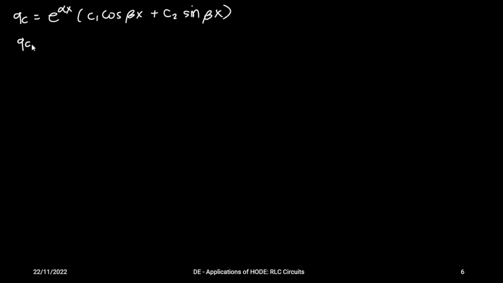We have Q sub C is equivalent to e, what's our alpha x? That's negative 5, so negative 5x times C1 cosine 25 square root of 3x. That's our beta. Plus C2 sine 25 square root of 3x. Okay, ito ngayon yung ating Q sub C.